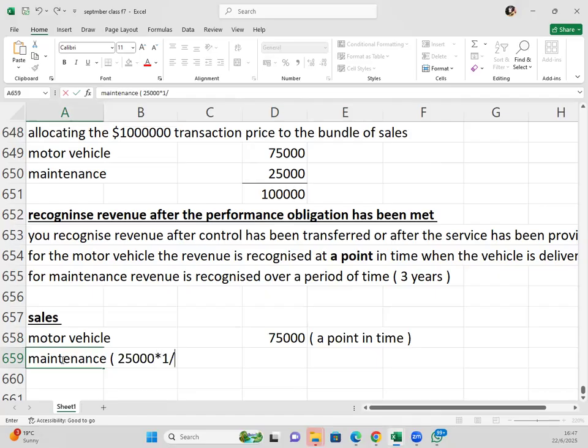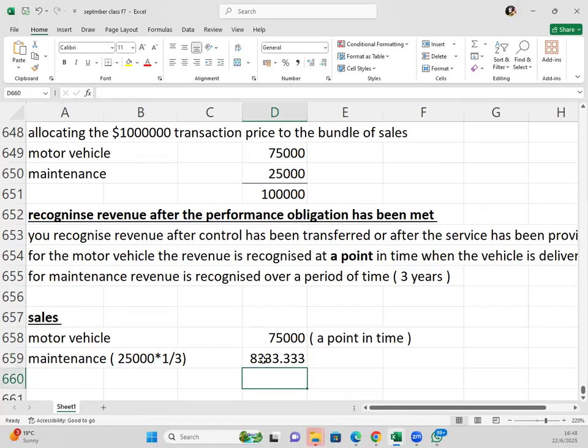So by the end of the first year, we only recognize revenue for 1 year. So that's the revenue we are going to recognize for the first year.